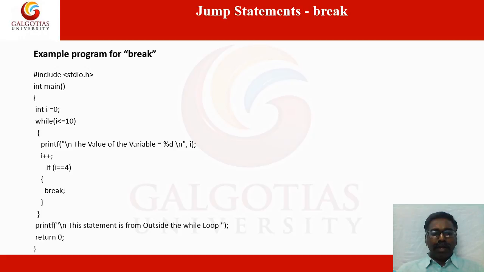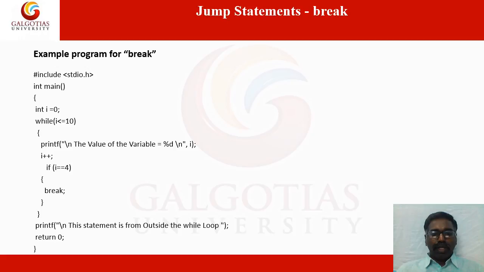Whenever this i is equal to 4, we encounter the break statement. So this break statement will break this while loop, which otherwise would have been executed until i is up to 10.